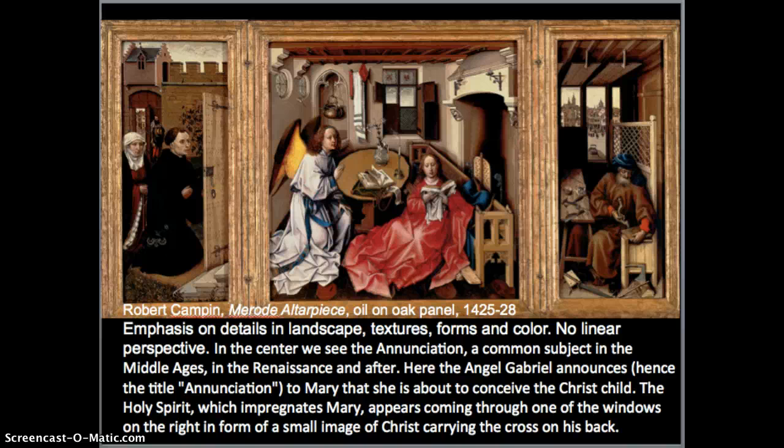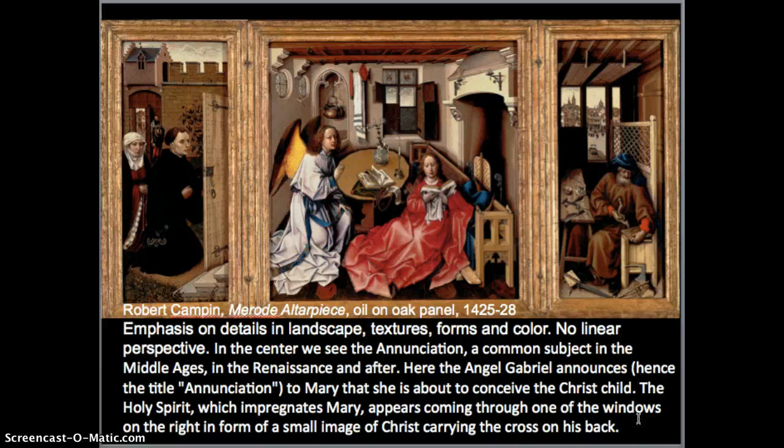This is where he announces to her that she's going to conceive Christ. This is a really popular subject matter for art from the entire Middle Ages, and it carries on into the Renaissance. So whenever you see the angel and the woman, it's probably an Annunciation scene.